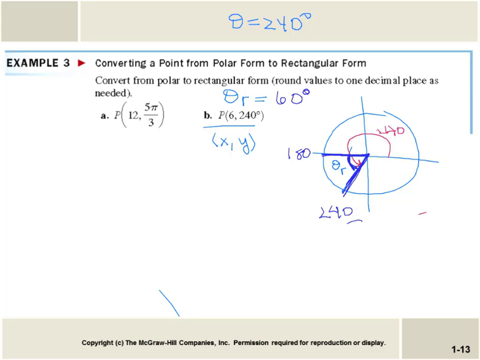So the reference angle is equal to 60 degrees. Now I need to figure out what x and y are. How do I do that? I have r and theta. R equals 6. Theta equals 240. How do I find x and y? How do I find x? X equals what?